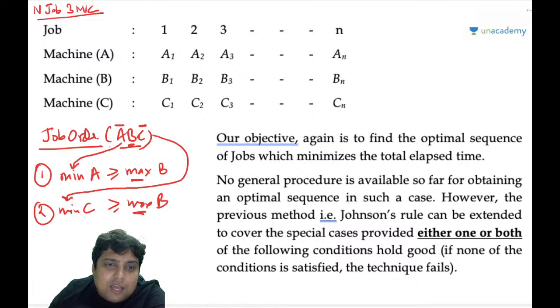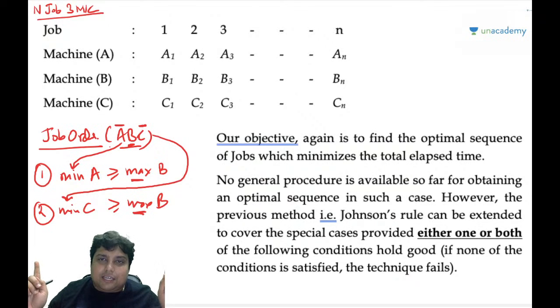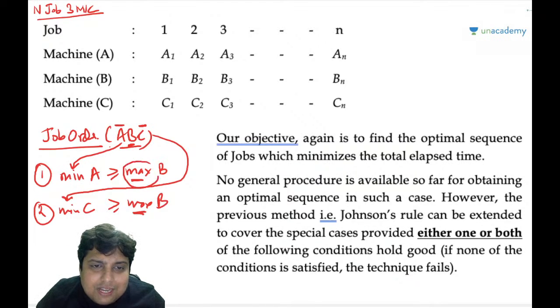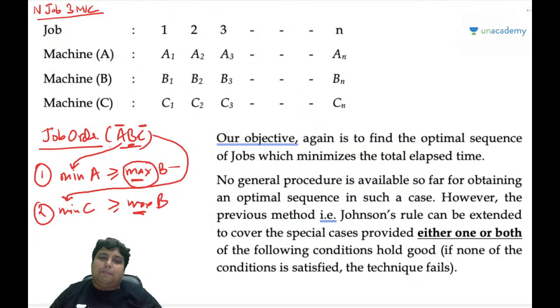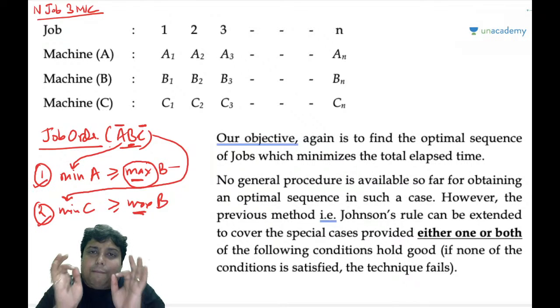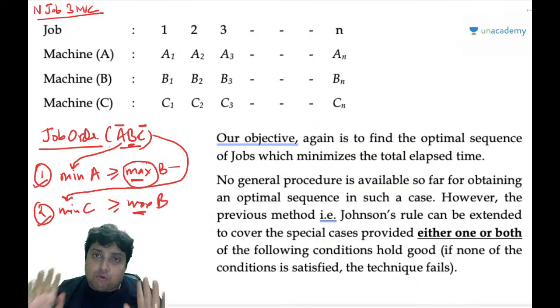The minimum value of the outer machines A and C, on the left and right, should be greater than or equal to the maximum value of the center machine, that is machine B. So if either one of the conditions is satisfied, we can proceed, make use of Johnson's algorithm technique, and find the optimal sequence. I will show you how to do that.